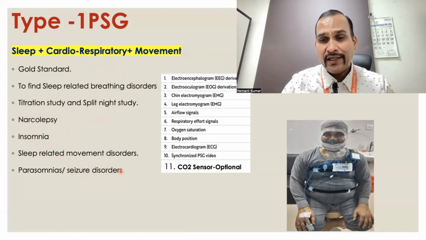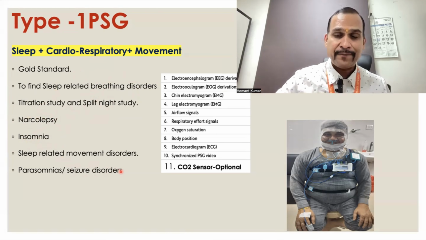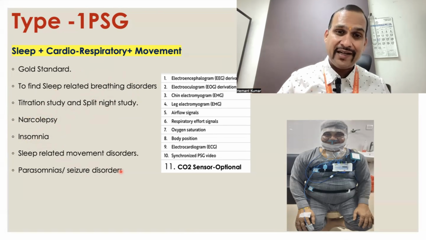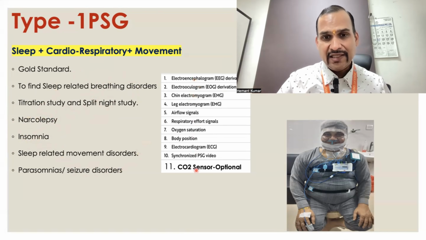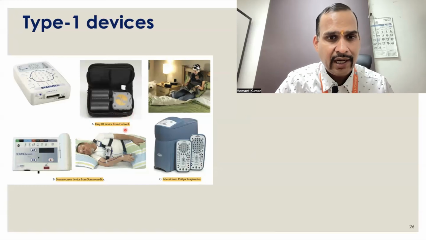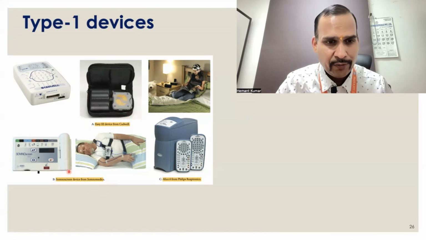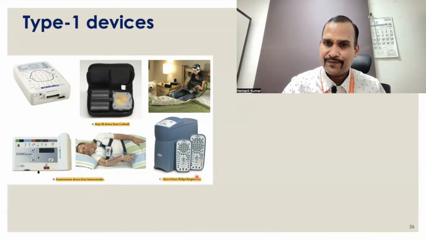So any type of sleep disorder you can identify in a type 1 study, which is done in hospital in presence of a trained technician. These are the channels or signals we are using in this type of study. These are the various devices. Level 1, this is from Cadwell company, this is from Somnomedics, and this is from Philips.